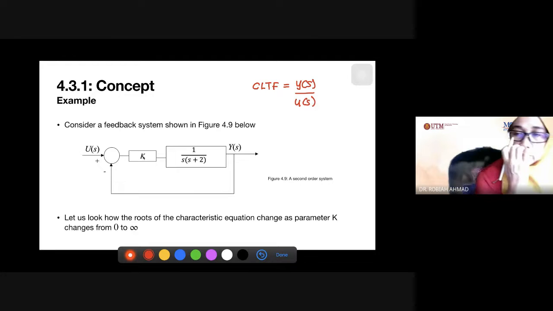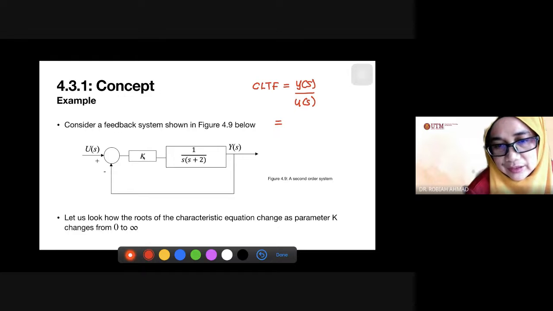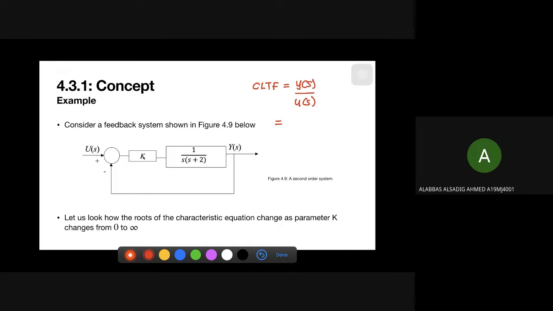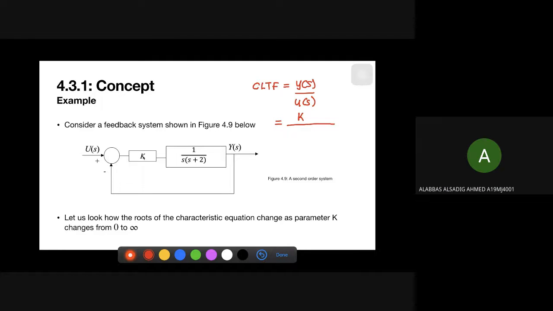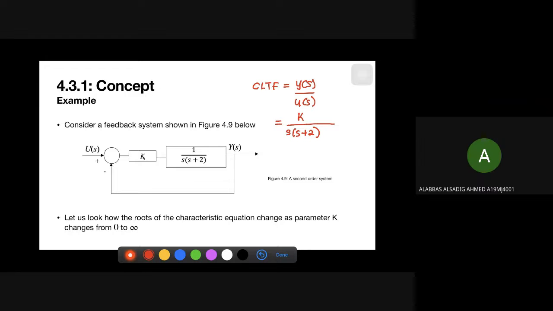Okay, macam mana buat closed loop transfer function? Kalau sistem macam ni, apakah closed loop transfer function, class? K over s plus K plus 2? K over? s multiplied by s plus 2. Equal to 0.